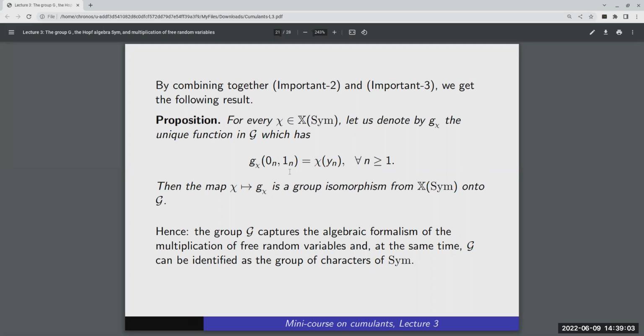So that's the conclusion of this part. We have this group G, which turned out to capture the algebraic formalism for how you multiply free random variables. But now G is the group of characters of Sym. So essentially, the group of characters of Sym is telling you in a certain way how to multiply free random variables.